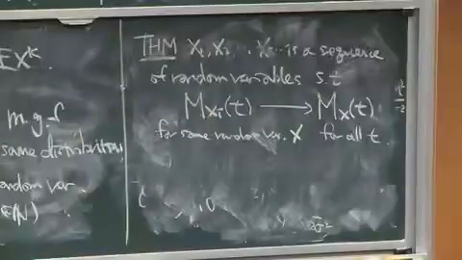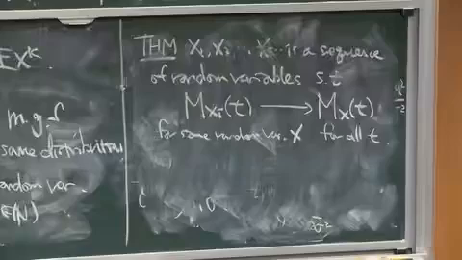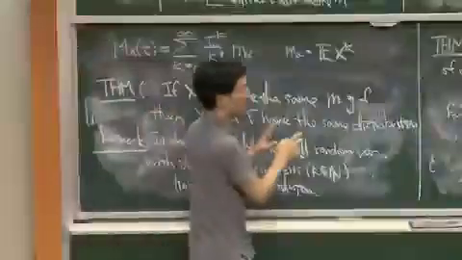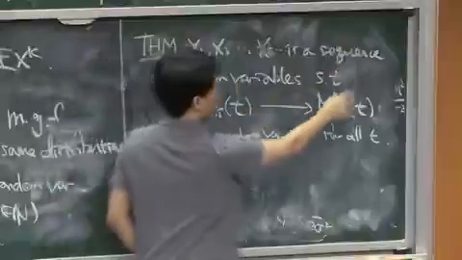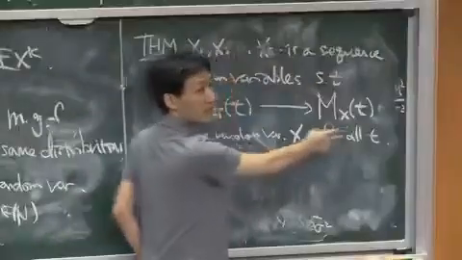And what should happen, in light of this theorem, is that the distribution of this sequence gets closer and closer to the distribution of this random variable x.